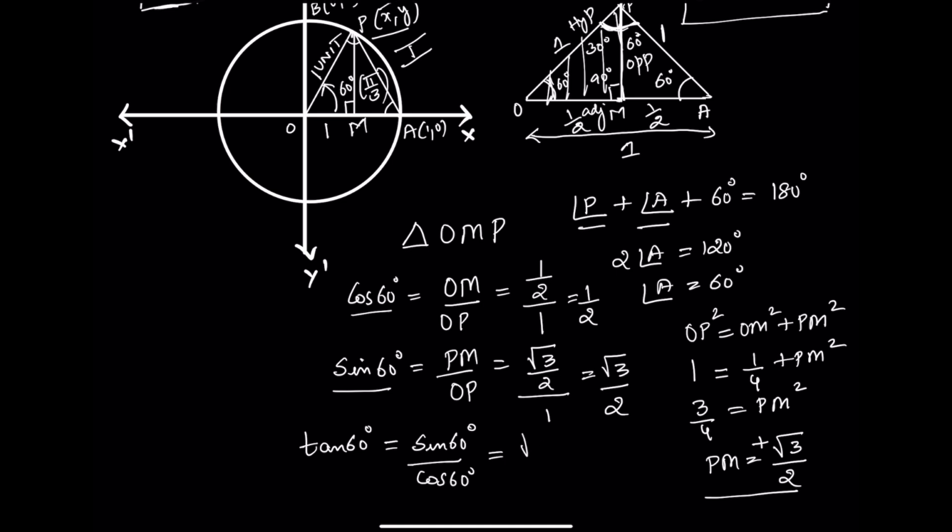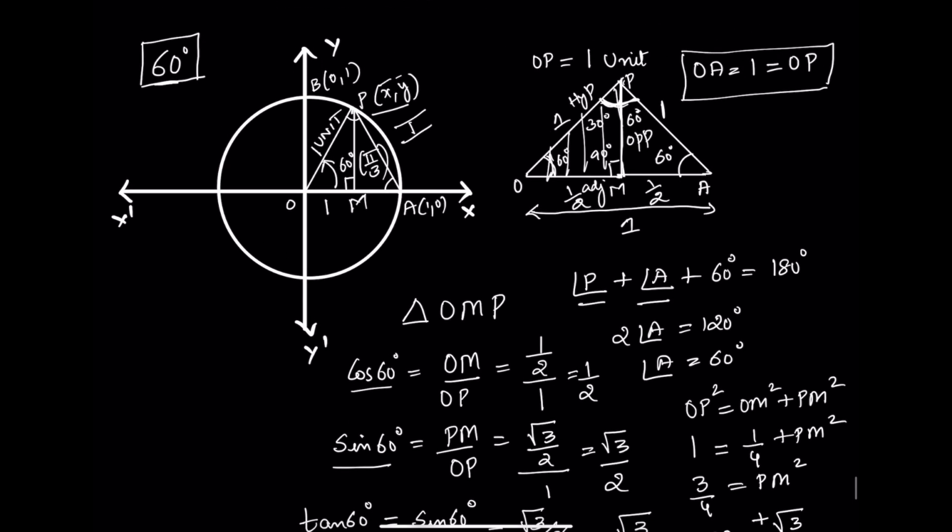So this will be square root of 3 by 2 divided by 1 by 2. The denominator cancels out. So tan 60 is square root of 3. So this is how we can find the value of trigonometric functions at the angle 60 degrees.